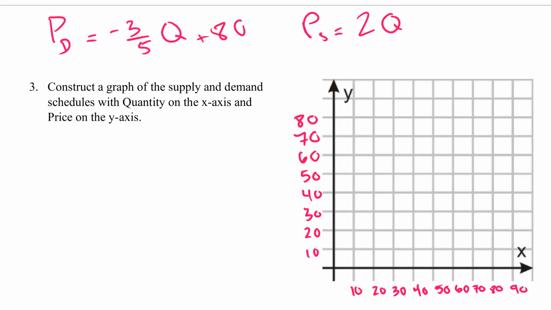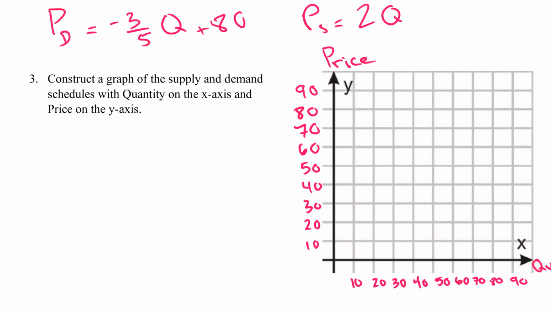All right, we're not going to be sloppy here. All right, and that goes off your screen, but it says quantity. All right. So our y-intercept for the price of demand is 80.